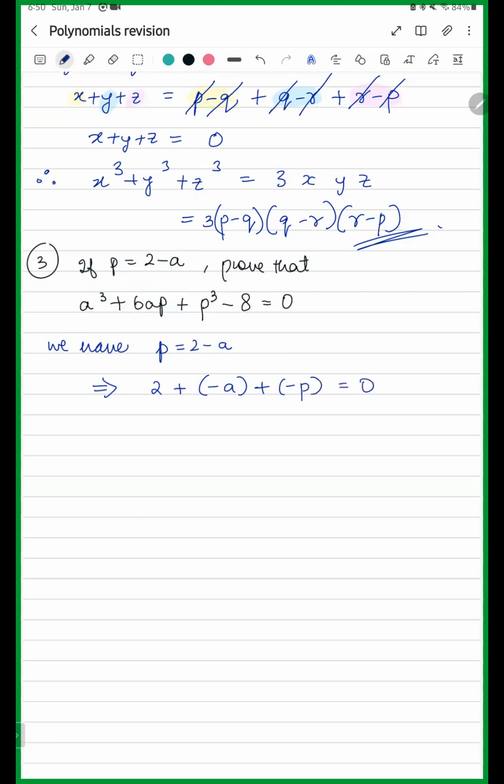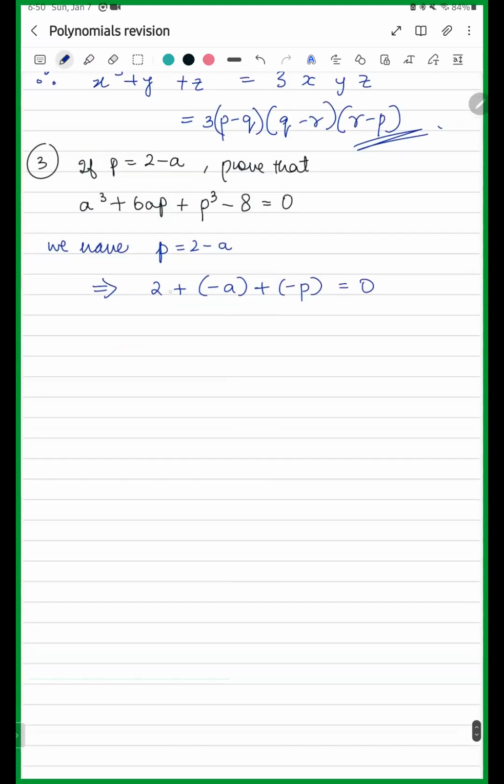So you can think of this as x, y, or let's do one thing. Since there are two negatives here, don't write it like this. Take everything to the left side, okay?